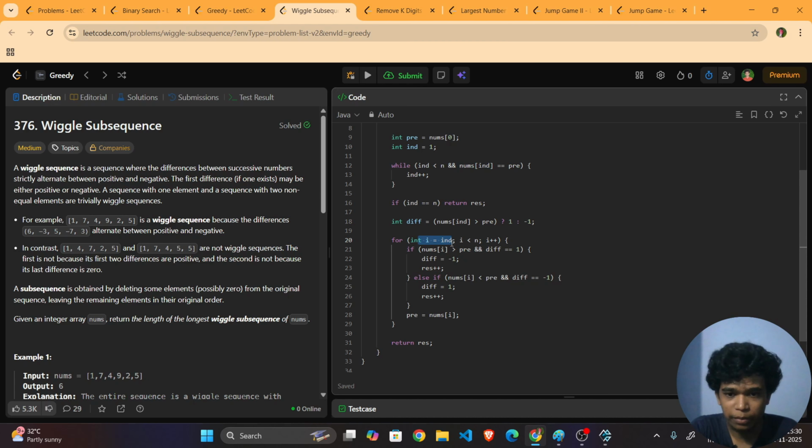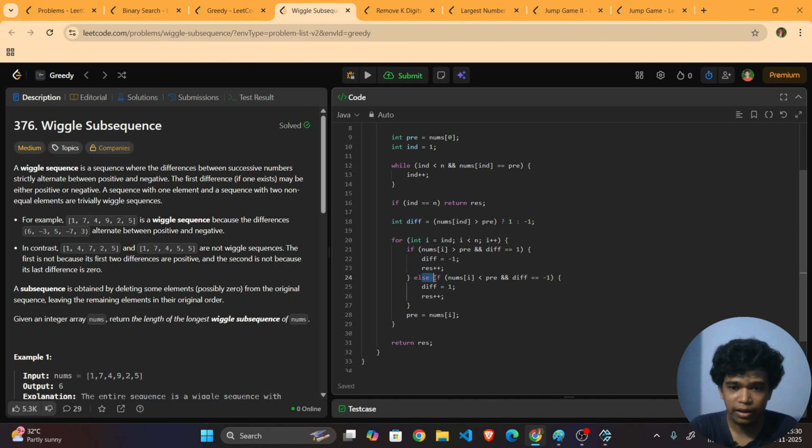Now come here. I'll be traversing from index up to n, and I'm checking a condition. If nums of i is greater than previous and difference is equal to 1, which means the current element is greater than the previous element and also we need an increasing curve, then I will be increasing my result and making that flag variable -1, which means now in future we want a decreasing curve after this.